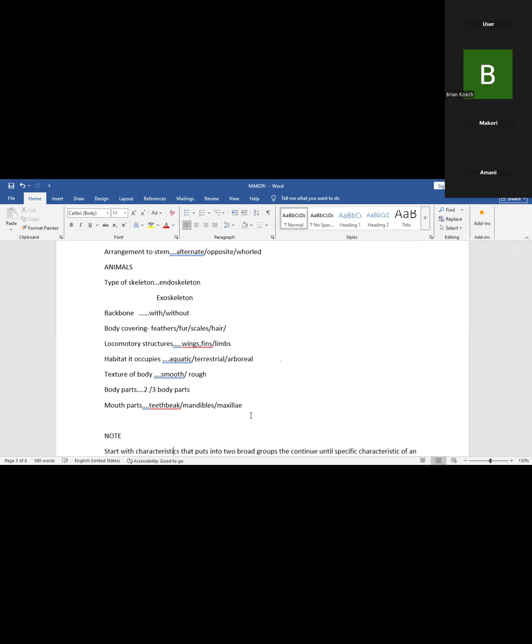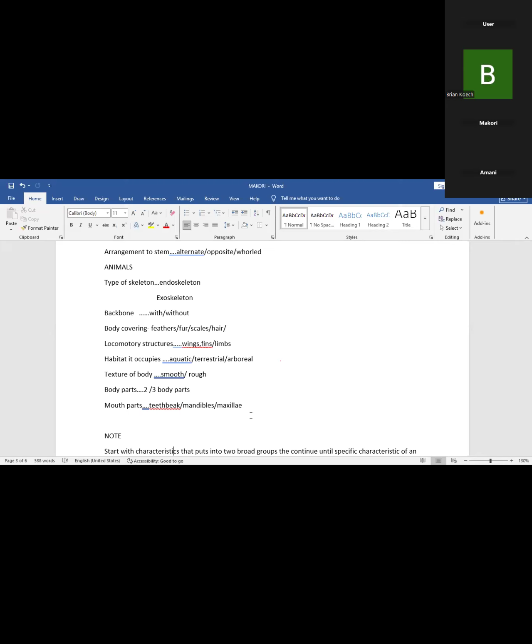The locomotory structures. Which structures do those organisms use to locomote? Do they use the wings? Do they use the fins? Do they use the limbs in locomotion? So we can also use them in classifying the organisms. Habitat that it occupies, we have got the aquatic, those that occupy the aquatic environment.